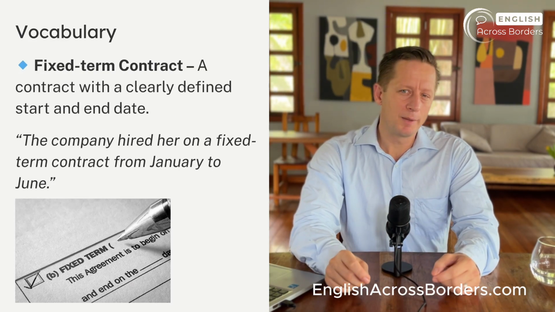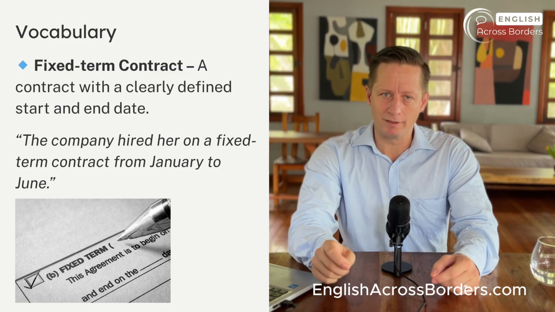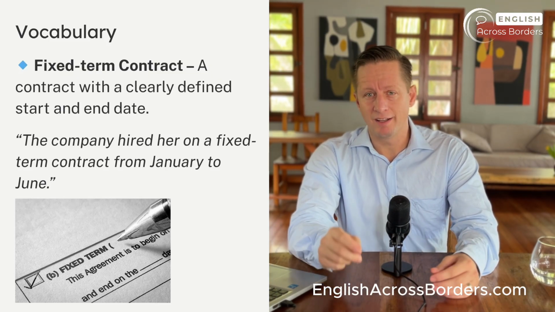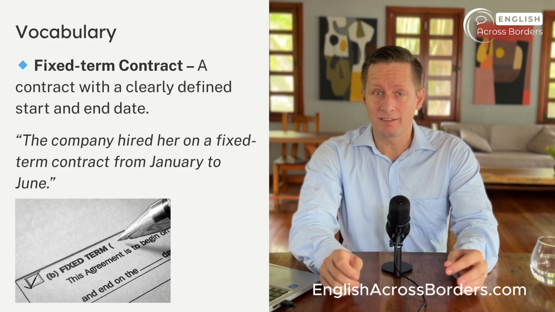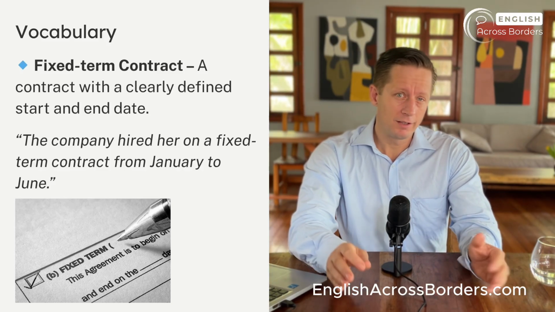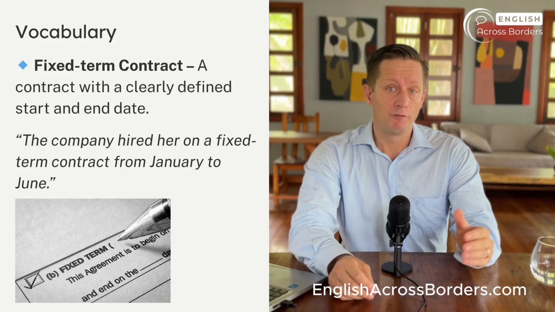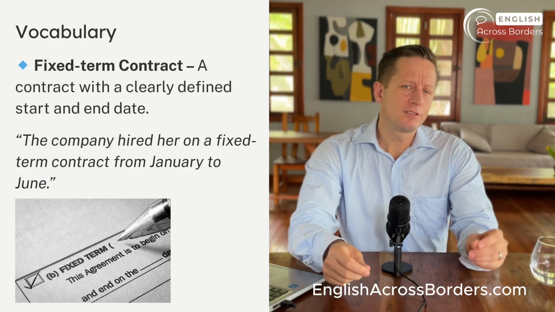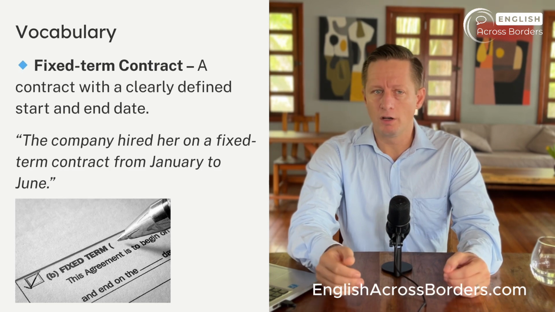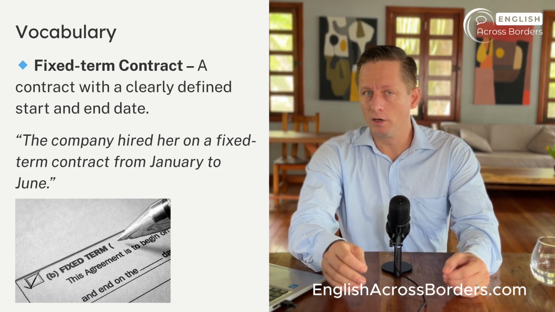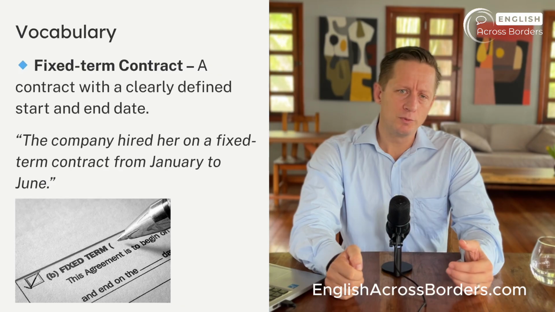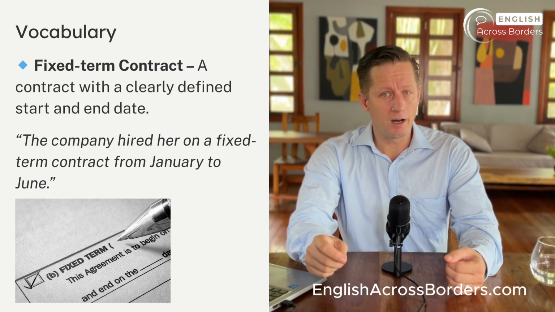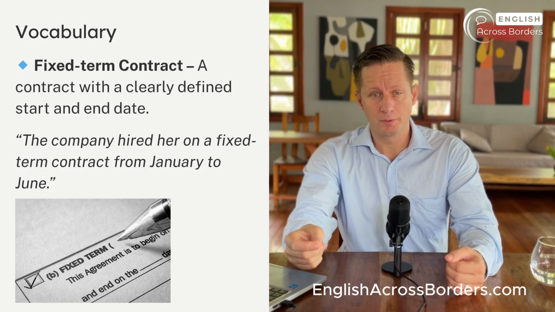Next, let's talk about a common type of employment agreement, the fixed-term contract. This is simply a contract that specifies exact dates for the employment to start and end. For example, from January 1st to June 30th. Fixed-term contracts are often used for temporary projects or seasonal work. In Costa Rica, fixed-term contracts are legally valid, but they come with specific rules.